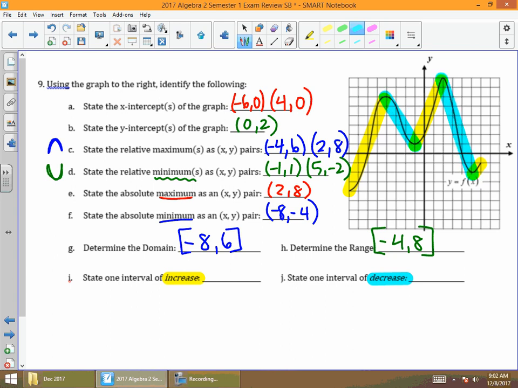Now this question only asks you to write one interval of each, so you can pick whichever you like. I'm just going to go from left to right and use this first one, my increase. That's in between when x is -8 and -4. And for the decrease one, it's in between when x is -4 and when x is -1.